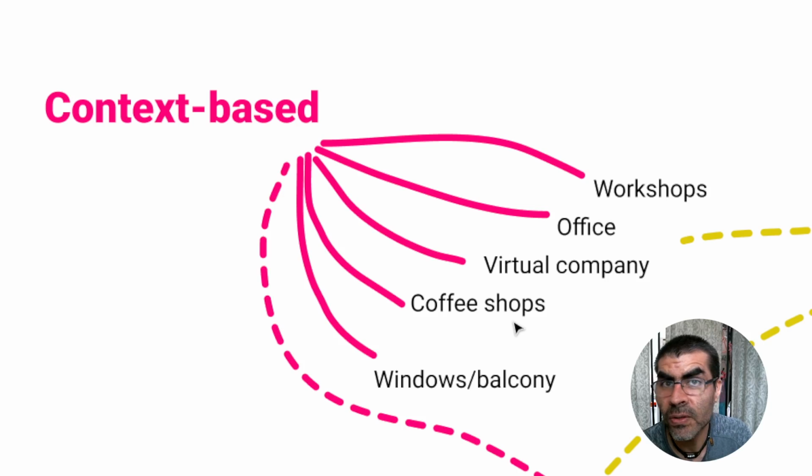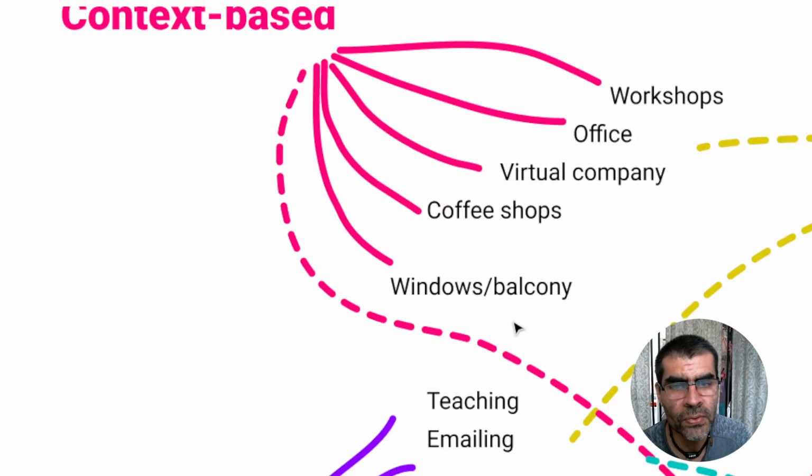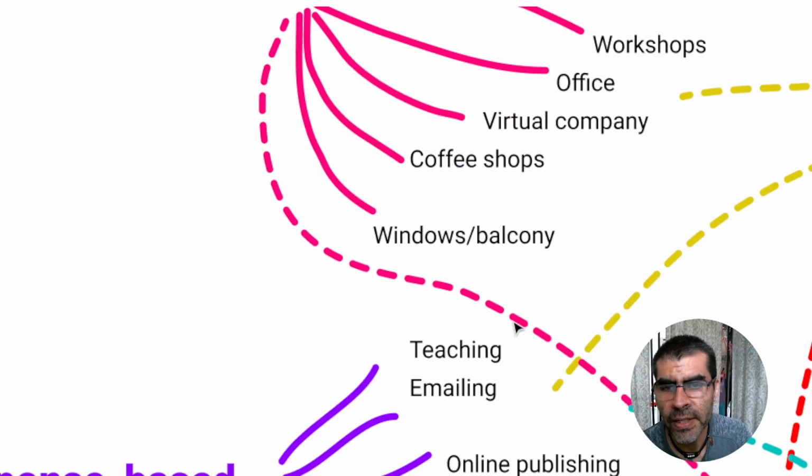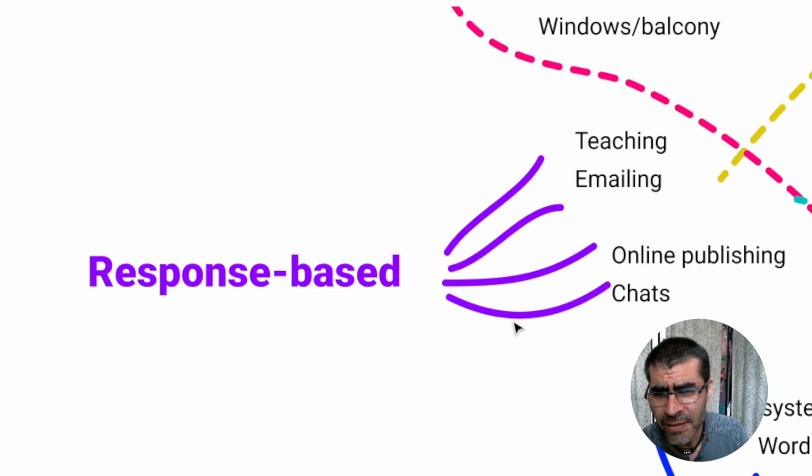Of course, there are windows, balconies that can help you to stress a little bit your writing and get better at it. There are response-based stressors. That means that you need someone to tell you something about what you are writing. Some examples are teaching, emailing, online publishing, chats. For example, for me, teaching is very good because when I have to design a course, I start writing a lot, thinking about my students or the participants of the course.